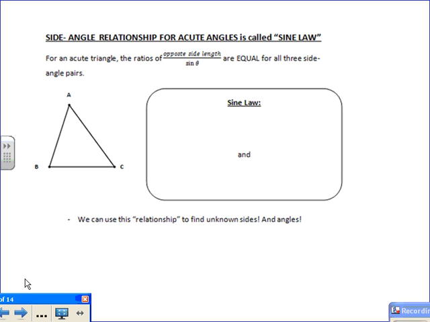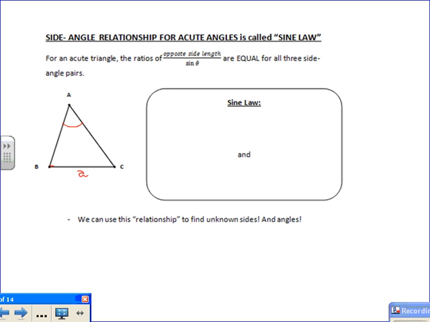So we can use sine law for any acute triangle, and it's called a side angle relationship. So a side angle relationship is called sine law for an acute triangle, and it's given to you in your data booklet, and we're going to write it down here for ourselves in our notes, and it looks like this. If we have an acute triangle and we are to label it, the angle A is across from side length small a.